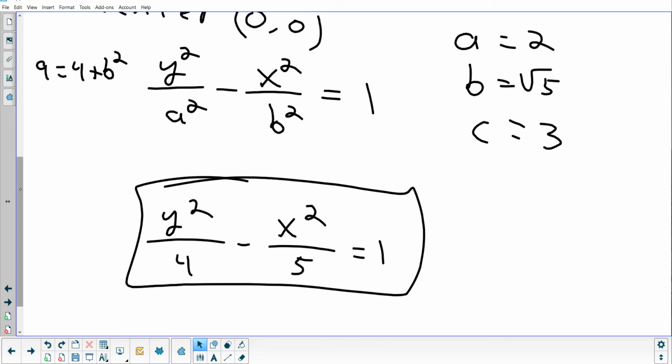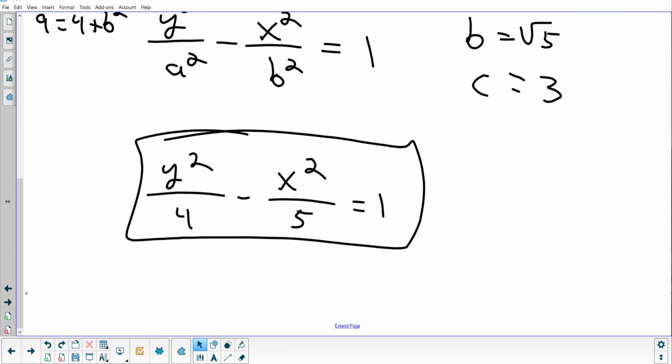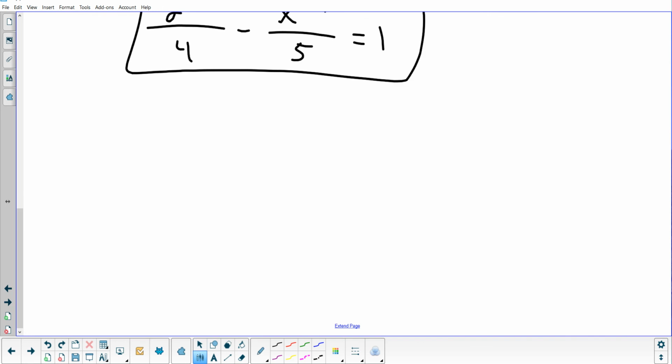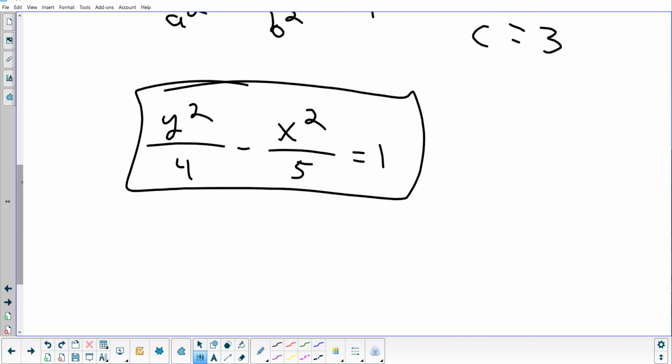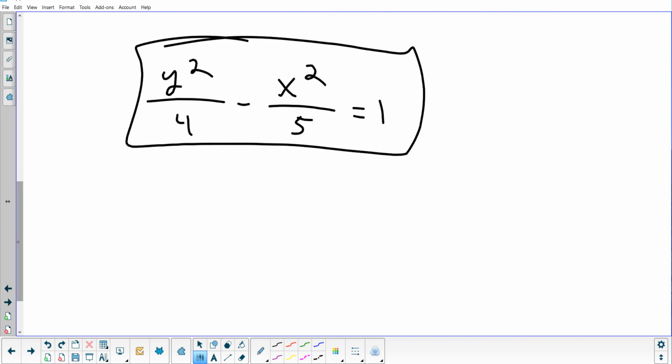Okay, and usually I show you at least one on the calculator in case you have to sketch on that. This is a good one because the y is positive, so I don't have to mess with that. If I wanted to sketch this, what letter has to be by itself? y. What could I move first to the other side? X squared over 5. And how would you move that? Just add it.